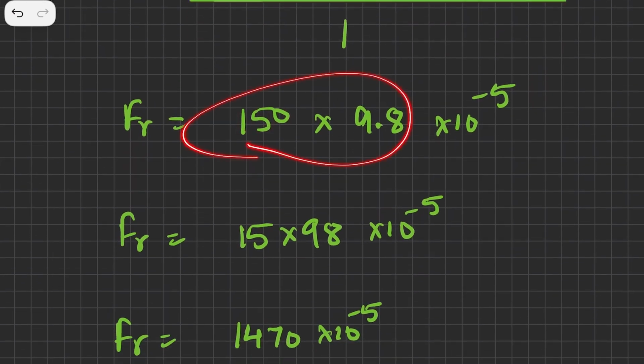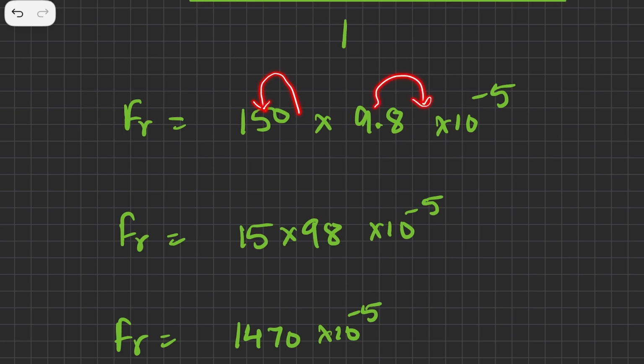Then you have to multiply this, but I would always hesitate, I would always remove this point. So if I remove this point on the right, this point will go to the left. So one point going right, one point going left. So that we can do, and that is 15 into 98, 10 raised to minus 5 as it is.